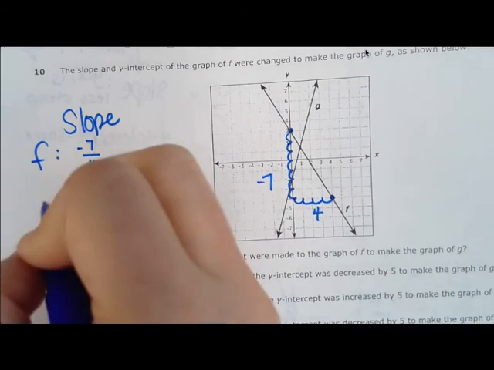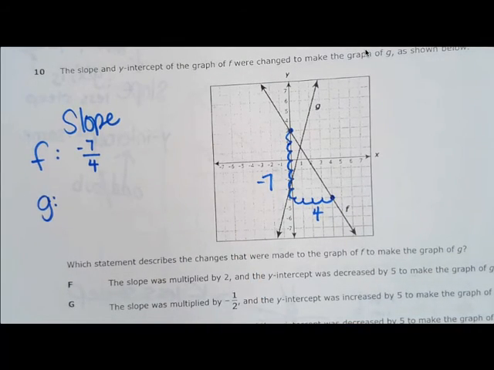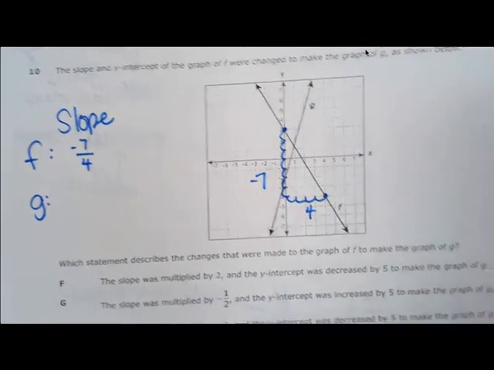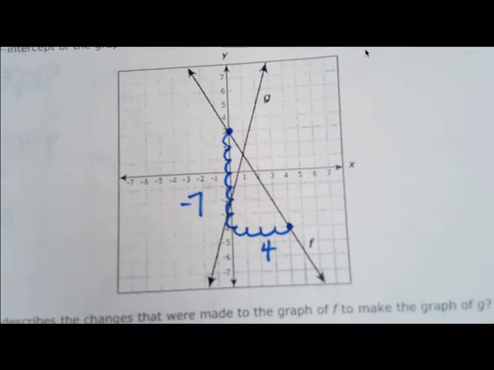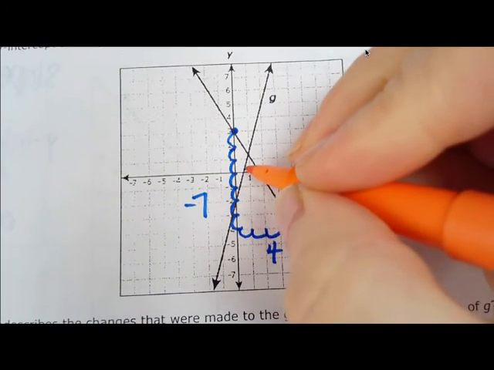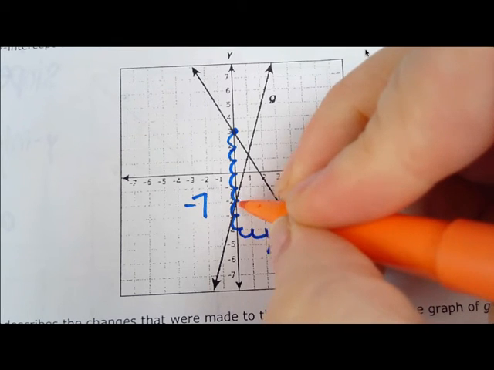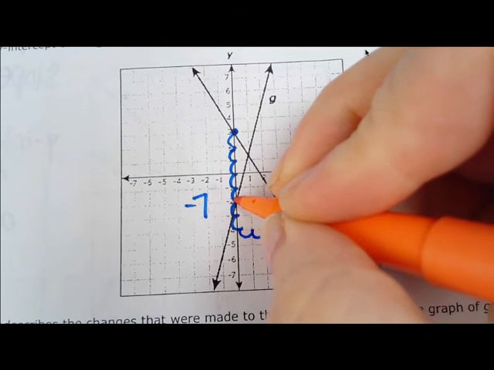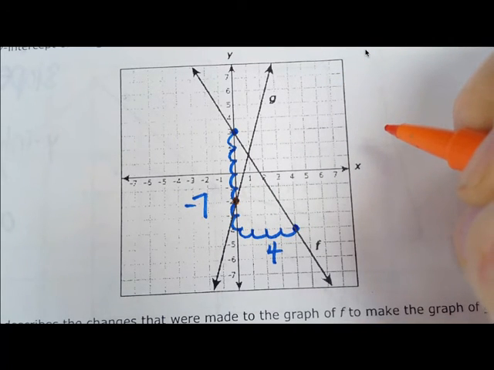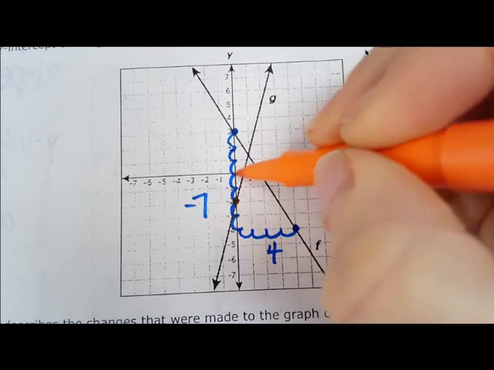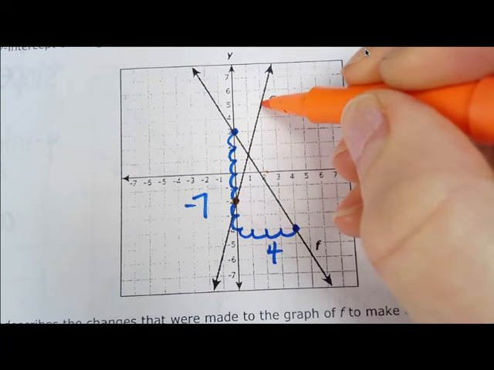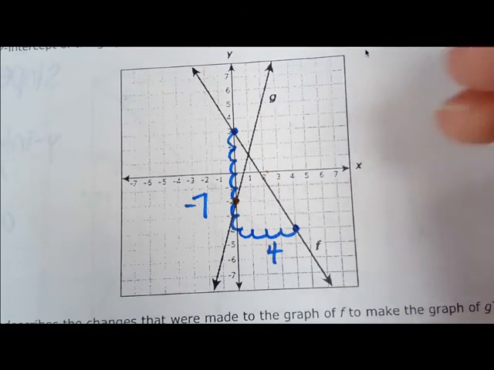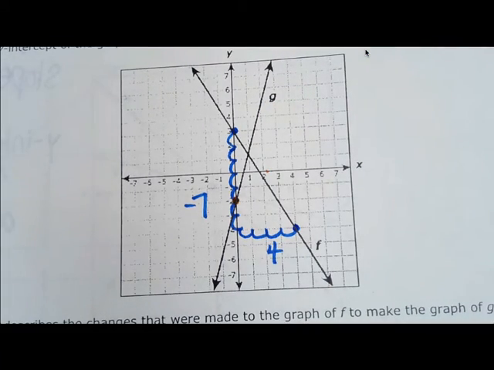Let's do the graph of G. Let's find 2 points. Where are 2 points? At 0, -2? Maybe. I can't really tell. It's hard to tell now that I've written on it. And then where's the other one? 2, 5?